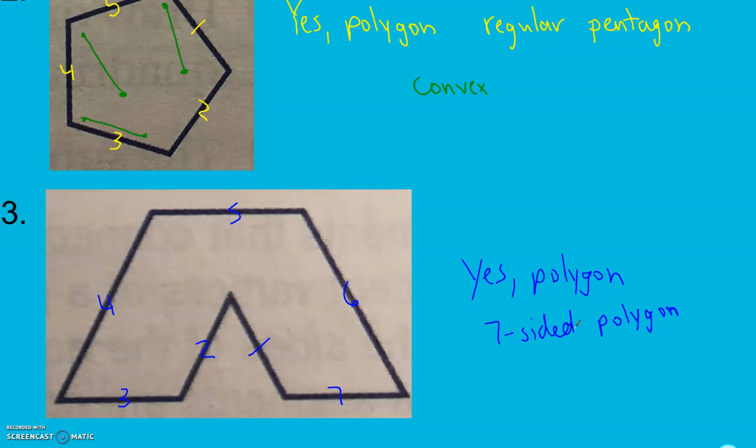And on the other ones too, if you don't remember that it's a pentagon, you can put 5-sided polygon. Not the end of the world there either. Now, as far as concave or convex, if we connect 2 endpoints here with a segment, it goes outside of our shape. This is going to be concave. It's like a cave in a mountain. It goes in here. So, concave.